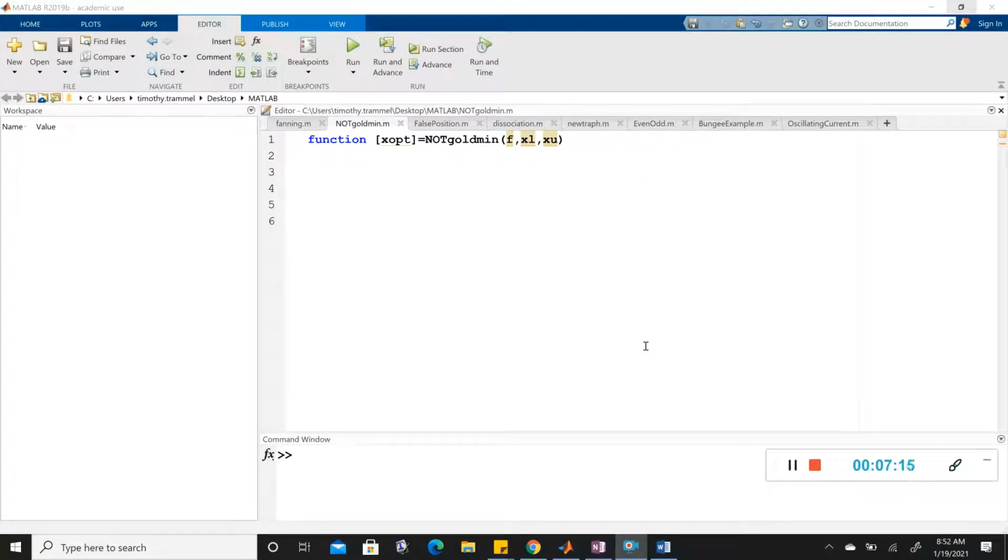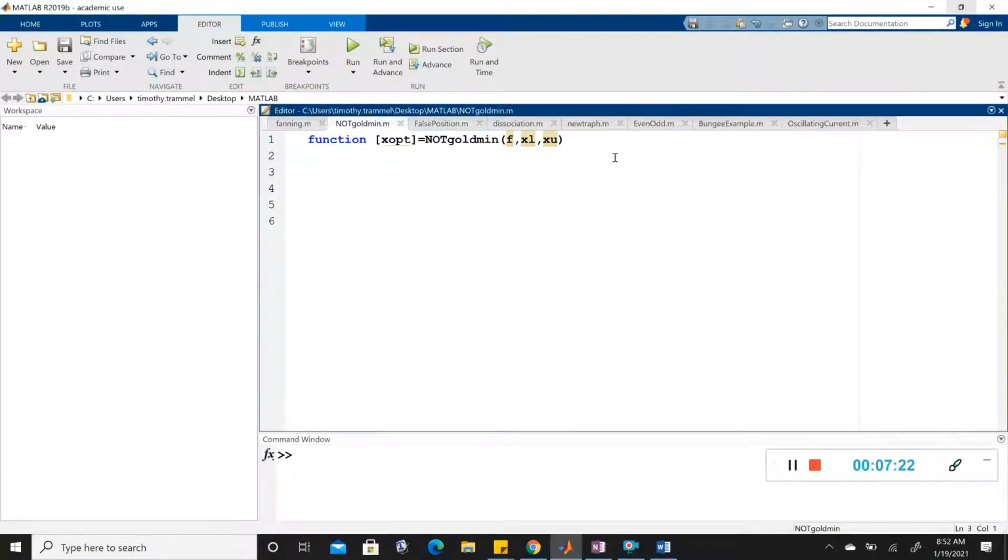All right, now we're in MATLAB, and let's talk about what we have here. So we have xopt, which is going to be the x value that results in optimizing our function. Okay, so let's maybe write that. And here when we talk about optimization, we're going to be talking about minimizing.